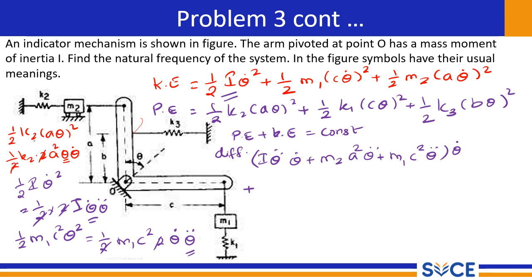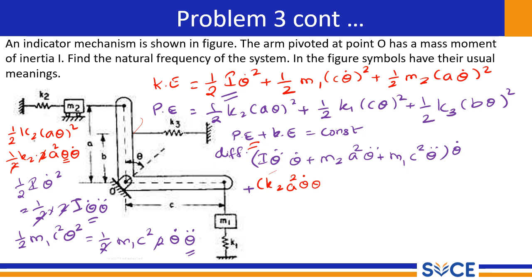At last we will get k2 a square. This is the differentiated potential energy: k2 a square, with velocity and theta both there, since it's displacement.